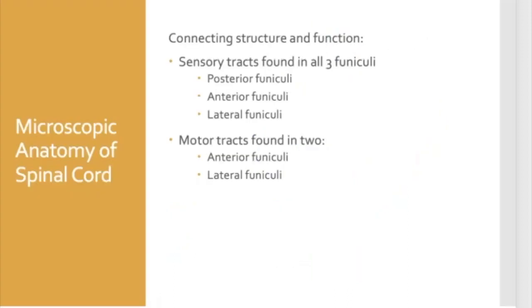As we connect the structure and the function of the spinal cord, we can see sensory tracts, ascending tracts, in all of the three funiculi, the posterior, the anterior, and the lateral. But motor tracts, descending tracts, can only be found in two, anterior and lateral.